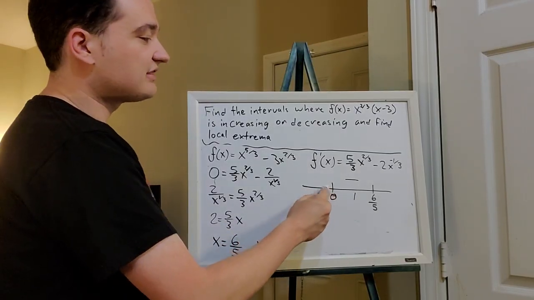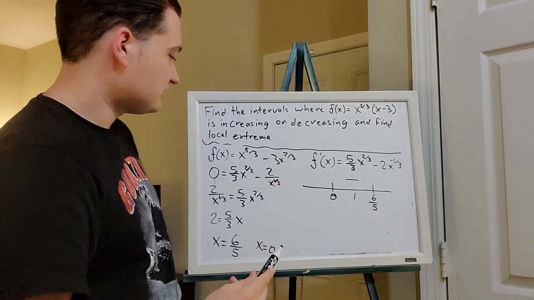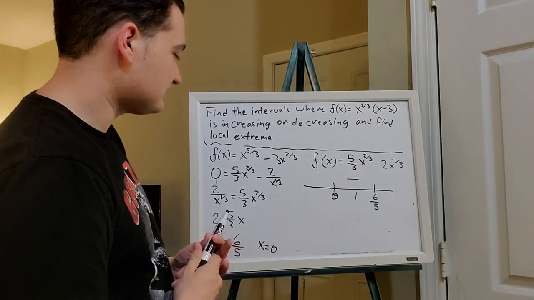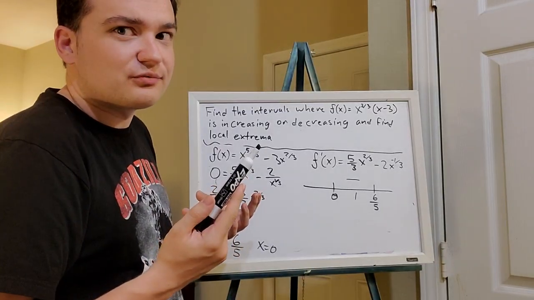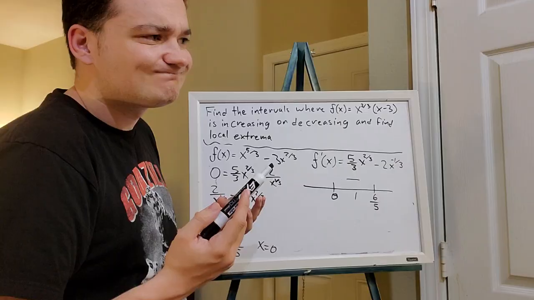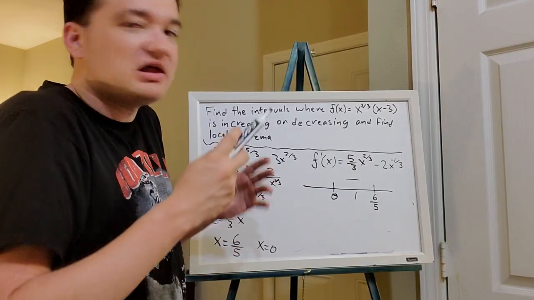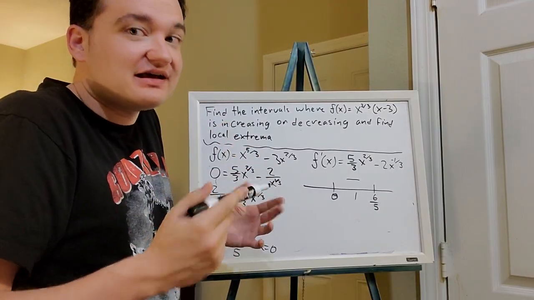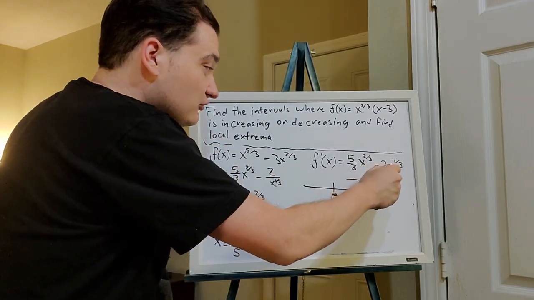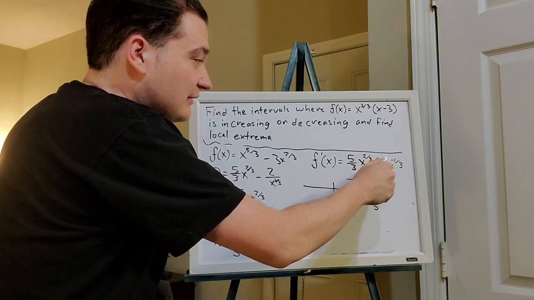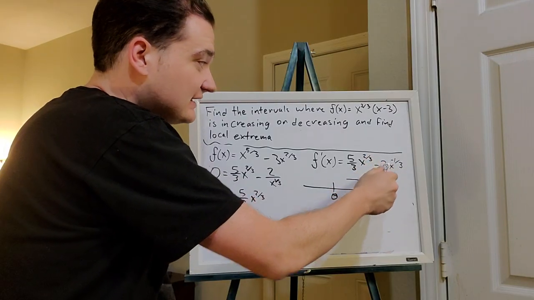What if we plug in something less than 0? Well, let's say, what's something that has a good cube root? 1,000. Let's say we plug a negative 1,000 into our first derivative. Just spitball it. Well, this would be negative 2 times negative 10. This would be 20.